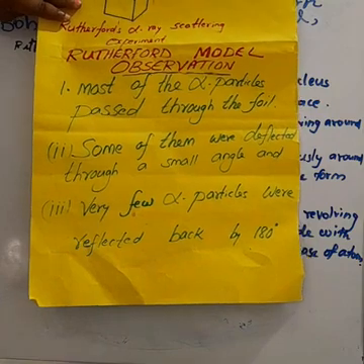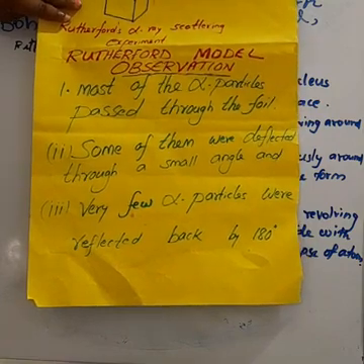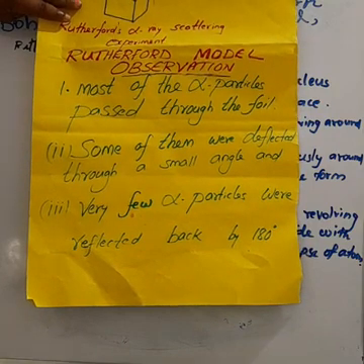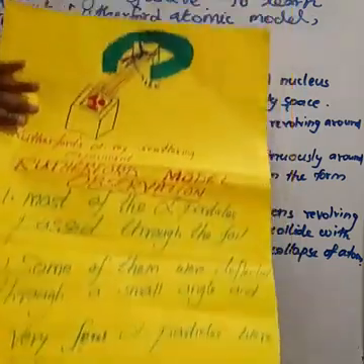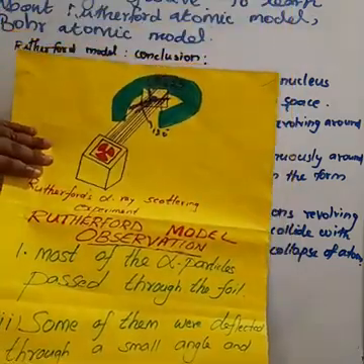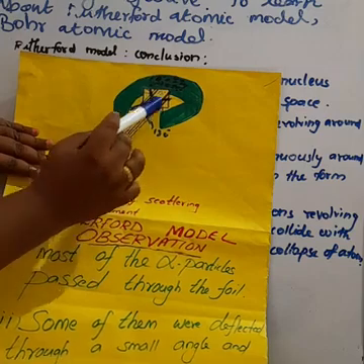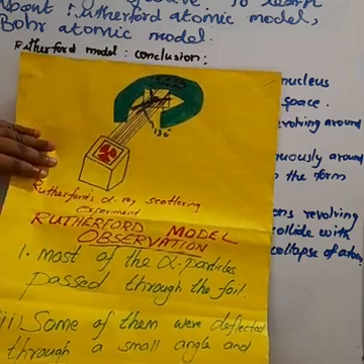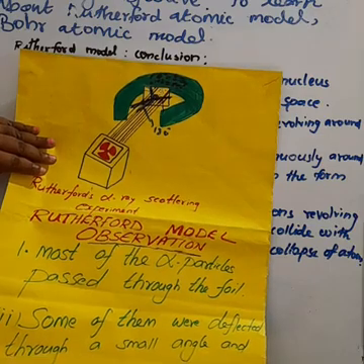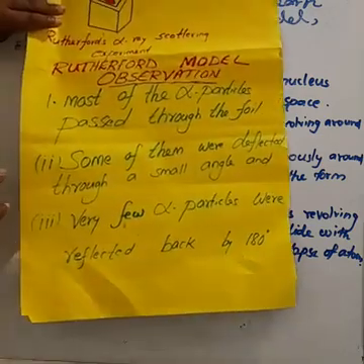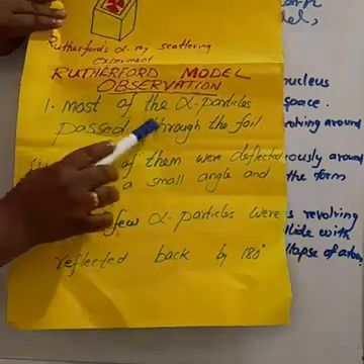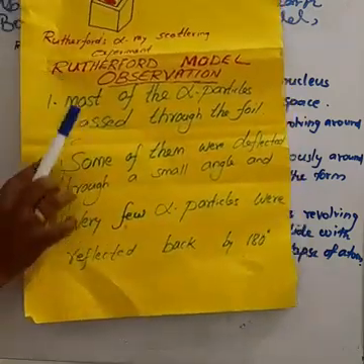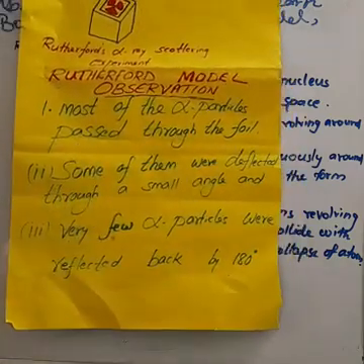He took a thin gold foil and passed a stream of fast moving alpha particles through it. The first observation is that most of the alpha particles passed through the foil.